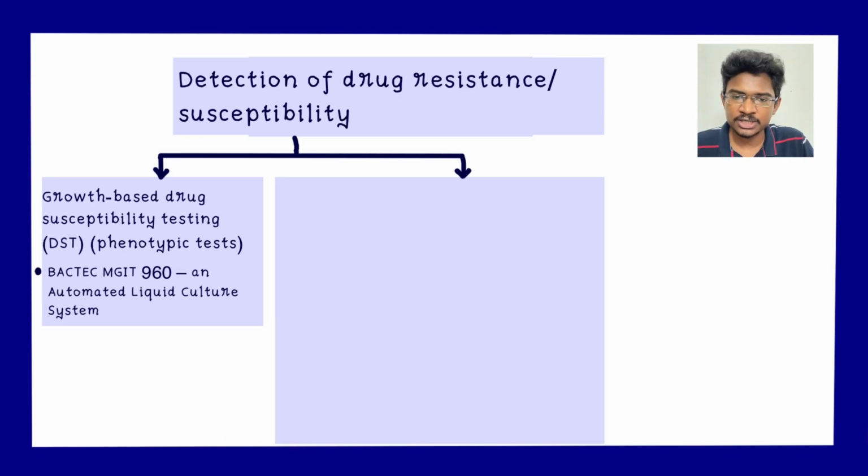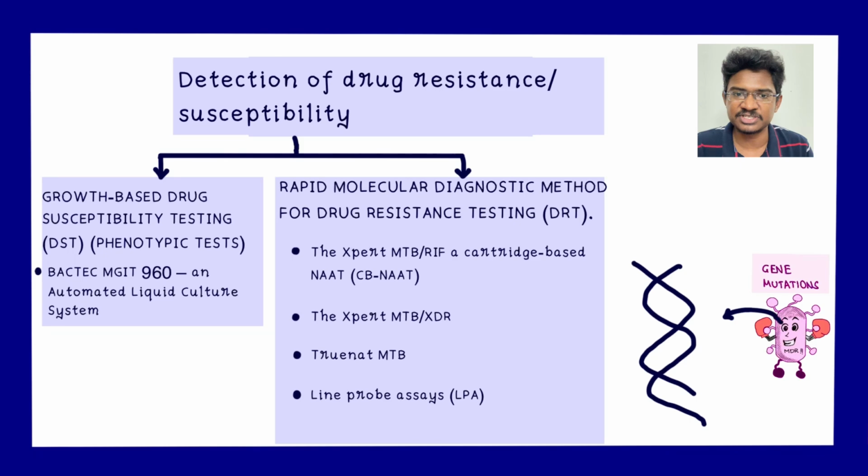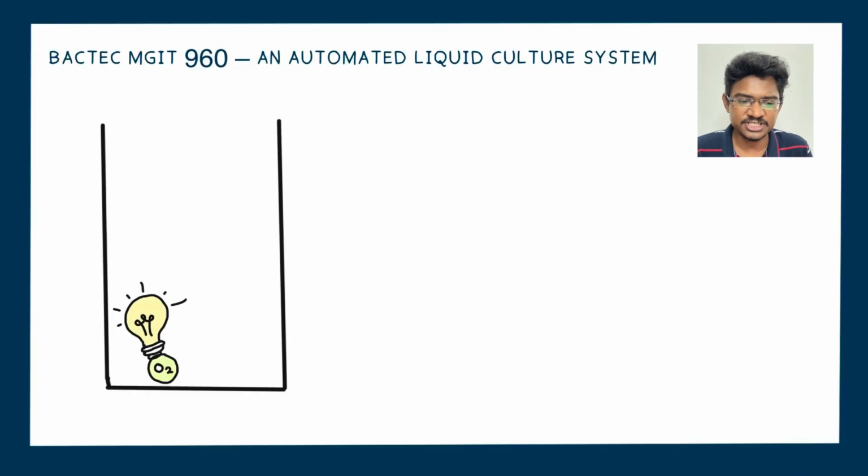The BACTEC MGIT 960 is the automated liquid culture medium which is utilized in this test. Next is rapid molecular testing, which tests the genes mutated in the development of MDR tuberculosis and XDR tuberculosis. Let's now see this interesting test, BACTEC MGIT 960.